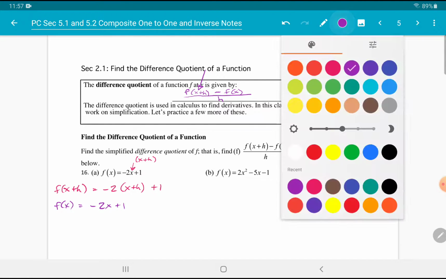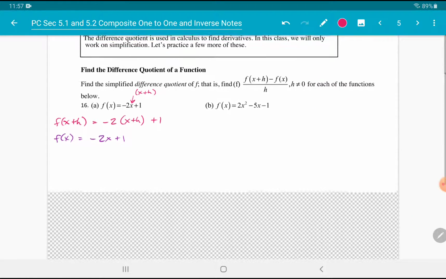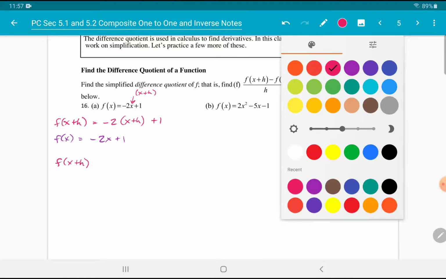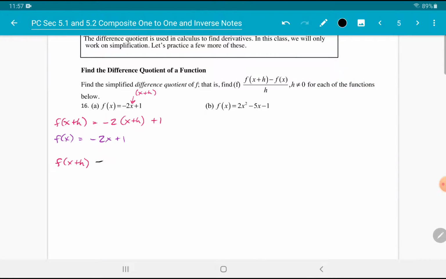Okay, and the reason why I'm color coding this is because I'm going to now rewrite the difference quotient, which is f of x plus h, and then I'm going to do this in different colors, minus, and then we have the purple part, which is f of x, and we're going to take all that and divide it by h.